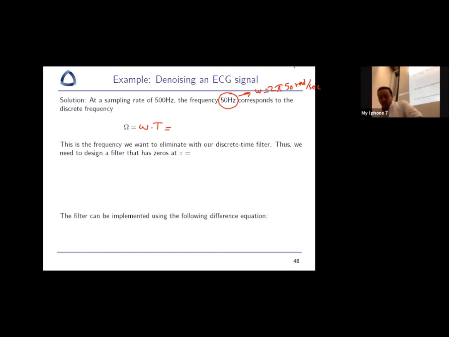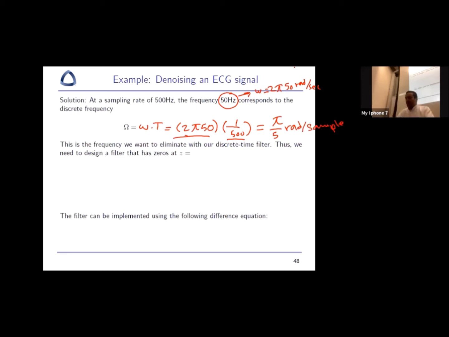If I want to convert that to discrete frequency, 2π·50, that's omega, times the sampling interval, which is 1 over 500. The unit of this one is radians per second, and the unit of the interval is seconds per sample. So that's 100π over 500, which is π/5. And the unit will be radians per sample.